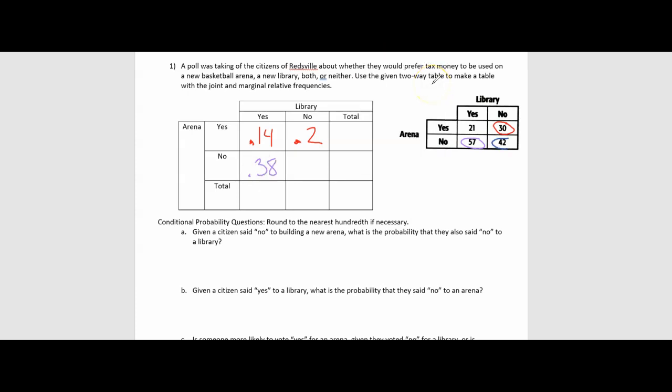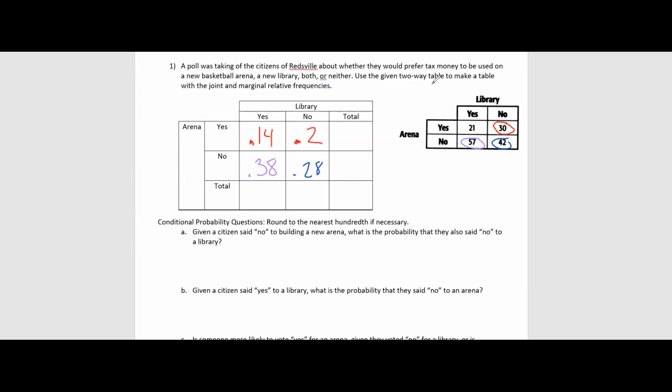My last box to fill out would be no to both. That's 42 divided by 150, or 0.28. So if we drew a random person from the survey, we would know the likelihood of them voting yes or no to both of these. Right? There's a 0.2 probability that they vote no to the library, yes to the arena, and so forth.